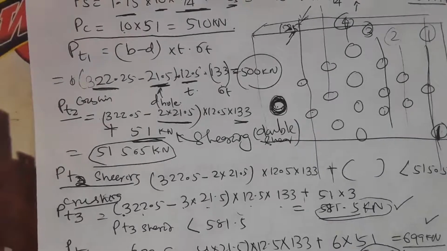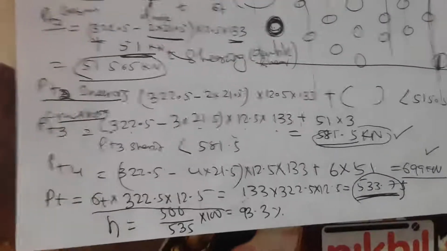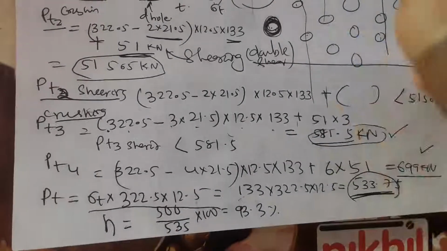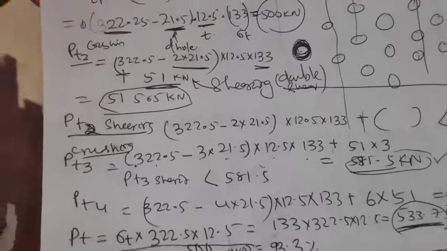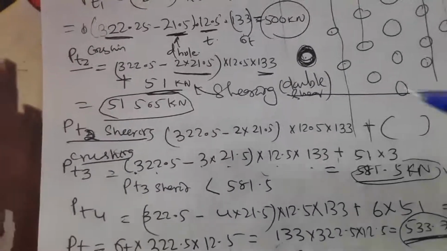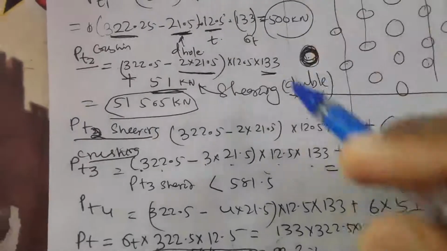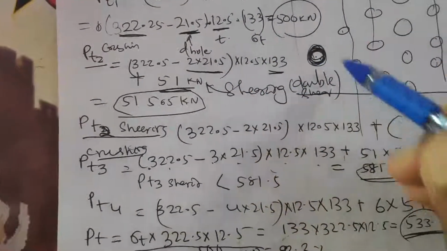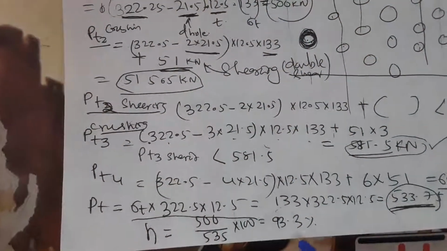The least is 500, because you see 500, this is 500. Previously shearing is 590, crushing is 510. At this section it is 500, so this is the weakest section, so this is 93.